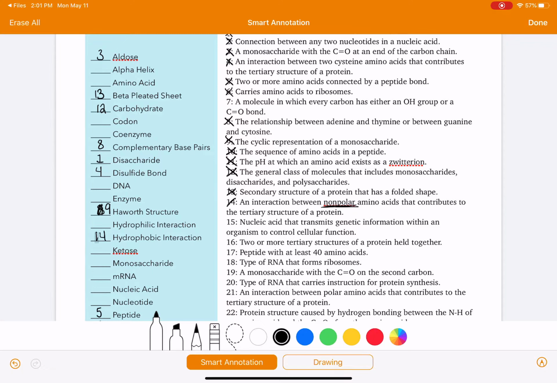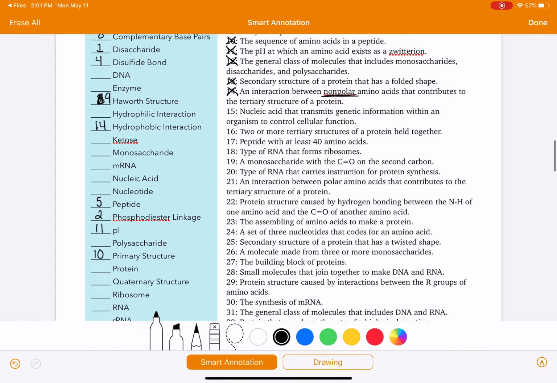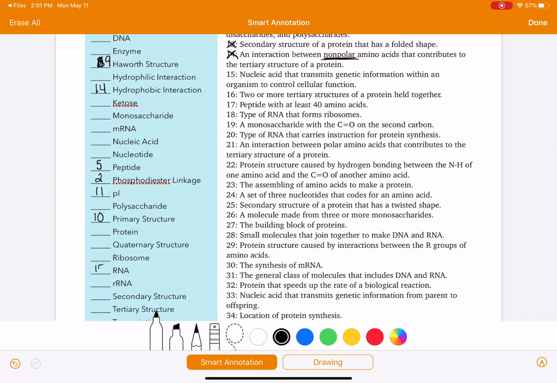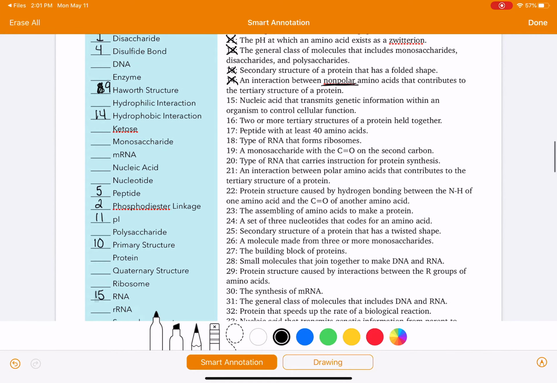Nonpolar, doesn't like water. Nucleic acid that transmits genetic information within an organism to control cellular function, that is RNA. 15 is RNA. 2 or more tertiary structures of a protein held together is our quaternary structure. That's number 16.